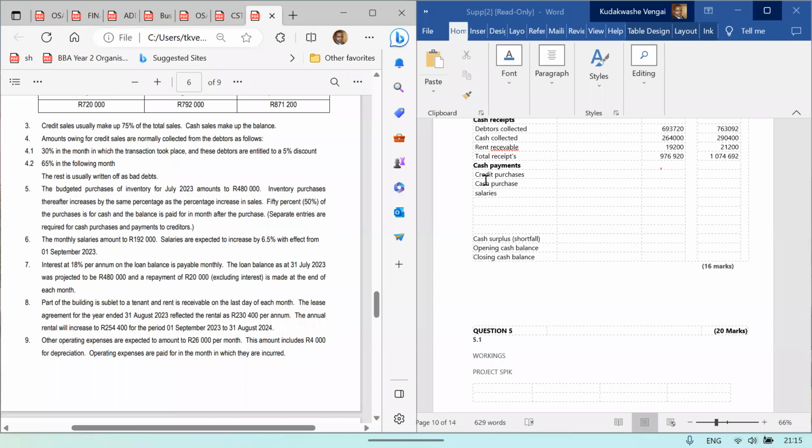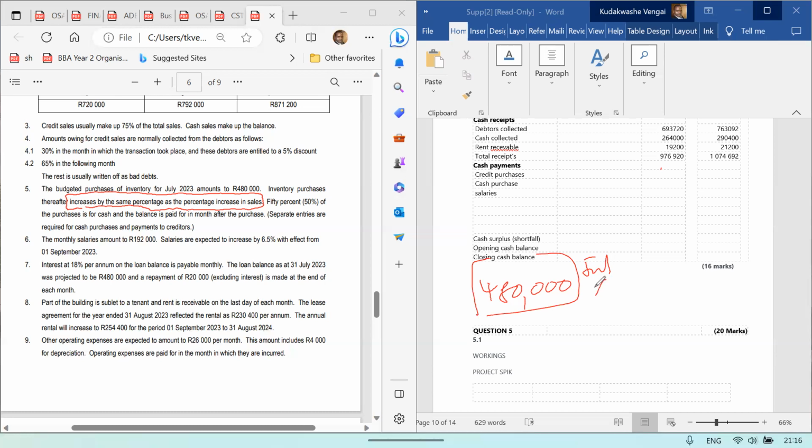So we have 480 purchases in July, right? Inventory purchases thereafter increase by the same percent as increase in sales. So this is called the percentage of sales method, right? 50% of the purchases is for cash, and the balance is paid in the month after the purchase, right? So this means that this 480 in July, half of it was paid in July, half of it will be paid in August.